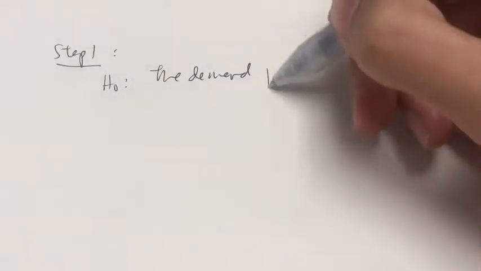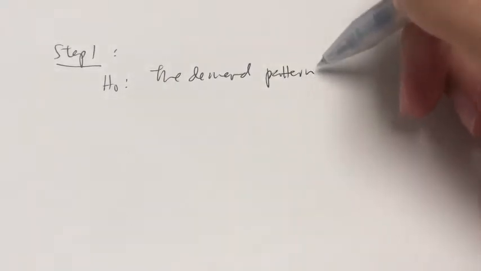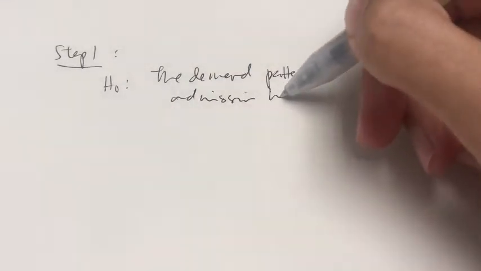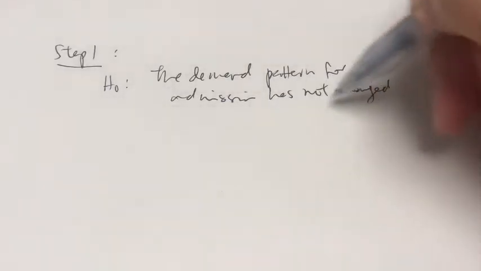So the demand pattern for admissions has not changed, because when we say it doesn't change, what it means is whatever we expect is exactly equal to whatever is observed.